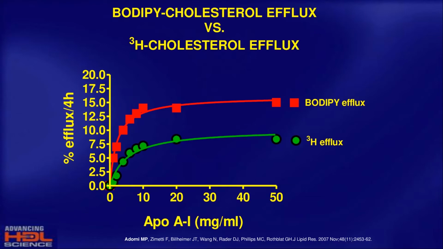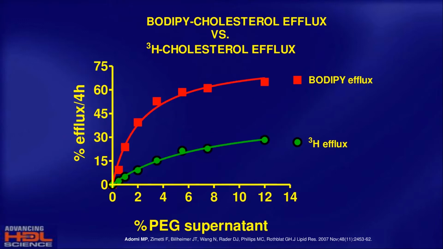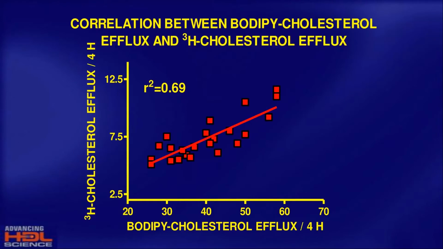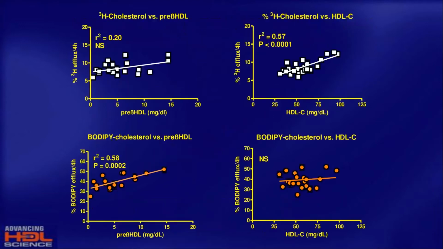Comparing Bodipy against tritiated cholesterol efflux, Bodipy has a larger response, with a larger effect of ApoA1 and of PEG, and the two methods are correlated with an R-square of 0.69.